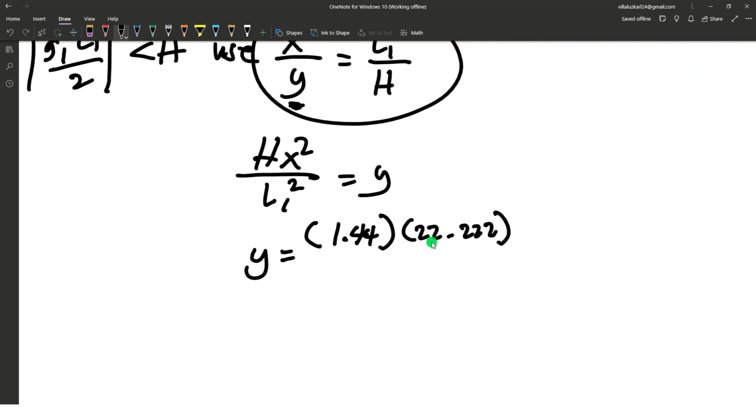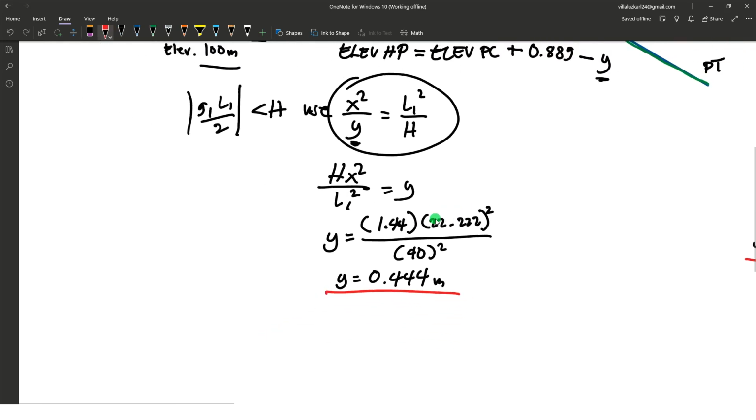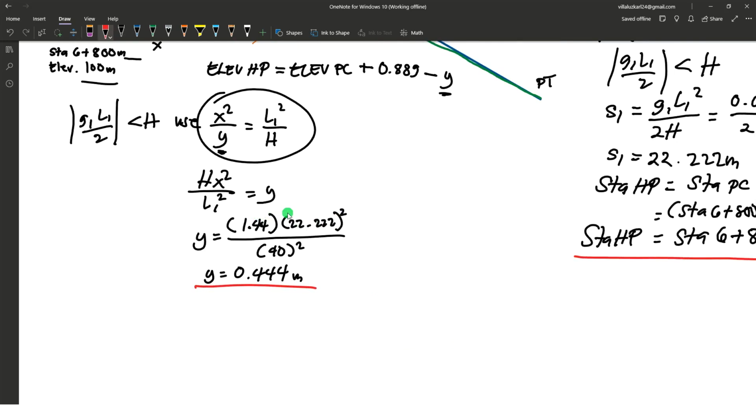Okay, take the square of this, and L1 is 40 square. So computing this, we have 0.444 meters. Okay, so that's the y. We can now solve the elevation of the highest point. Elevation of the highest point is equals to elevation of PC, which is 100 plus 0.889 minus 0.444.